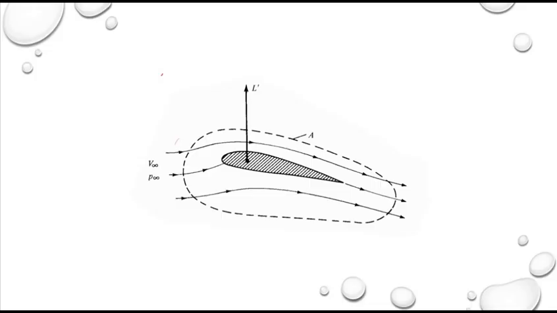be incompressible flow. So around this airfoil, let us consider a curve A. This curve A is any curve in the flow which is enclosing the airfoil. If I say that the airfoil is producing lift, then the velocity around this airfoil will be such that the line integral of velocity around A will be finite.